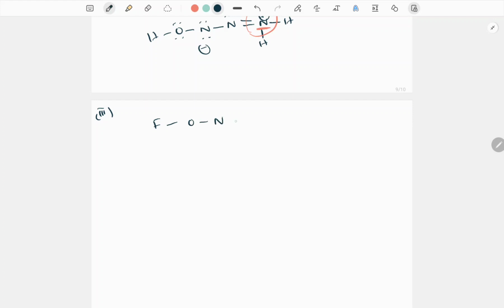F, double bond N, C, double bond N, O, CH3, with lone pairs, plus and minus. This is the dot structure given.